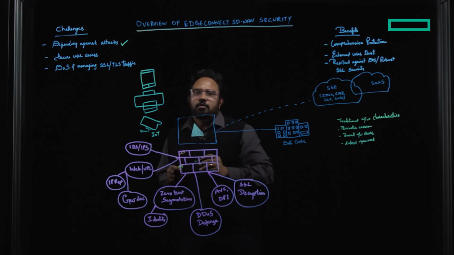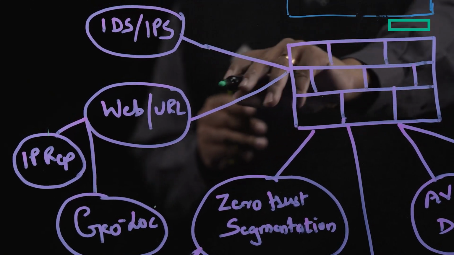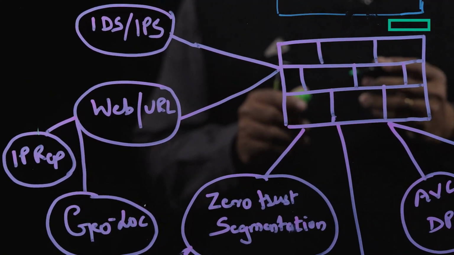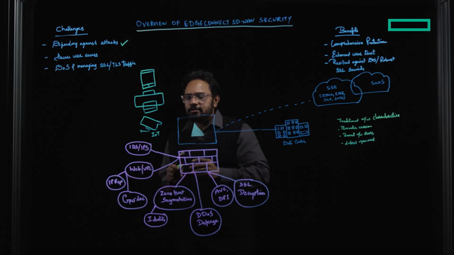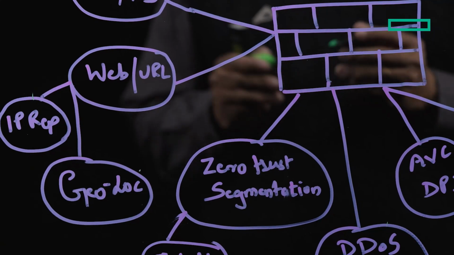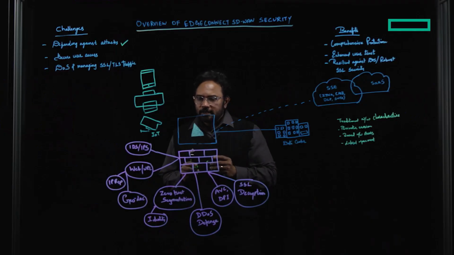It also does web and URL protection to shield your network against web-based attacks, coupled with IP reputation and geolocation services that help you build very granular security policies.